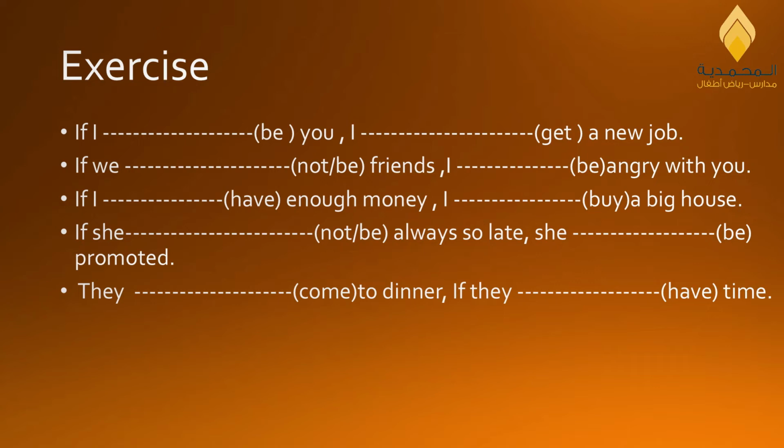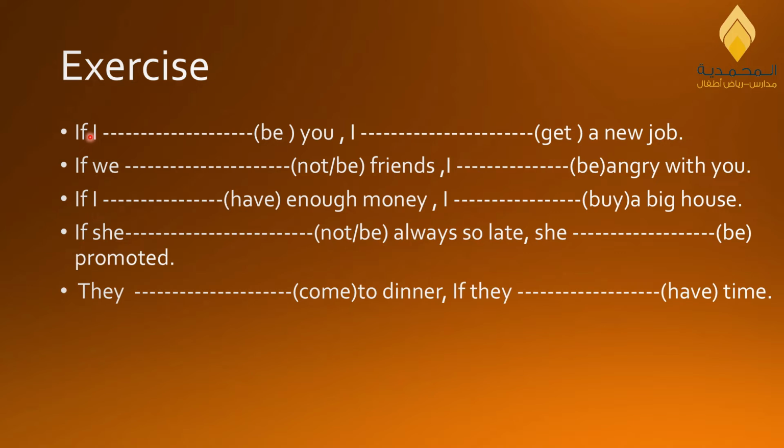Now, let's have a look at an exercise. This exercise is part of your second conditional worksheet. Let's have a look. If I (be), I (get) a new job. We agreed. The part that starts with if, we are going to use the past simple.